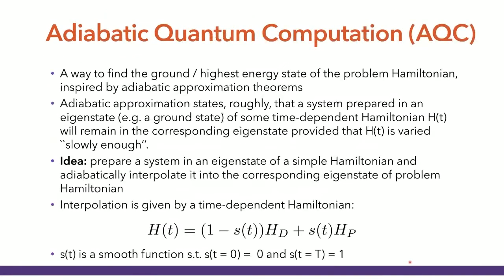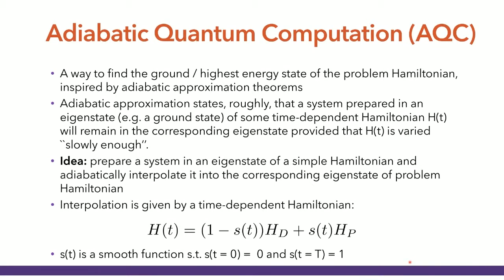Now let me say a few words about the connection to the adiabatic quantum algorithm, which I think commonly comes up as a question. An adiabatic quantum algorithm is a way to find some desired eigenstate of the problem Hamiltonian, for example, a ground state or highest energy eigenstate.